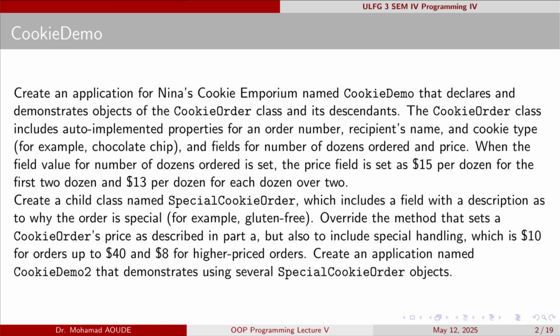The overridden setter should perform the base price calculation from CookieOrder and then add an additional special handling fee: $10 for orders up to $40 base price, $8 for higher priced orders. Polymorphism, overriding a property setter, allows the derived class to customize the behavior that happens when a property is set, building upon or replacing the base class's logic. We'll create application classes to demonstrate both.